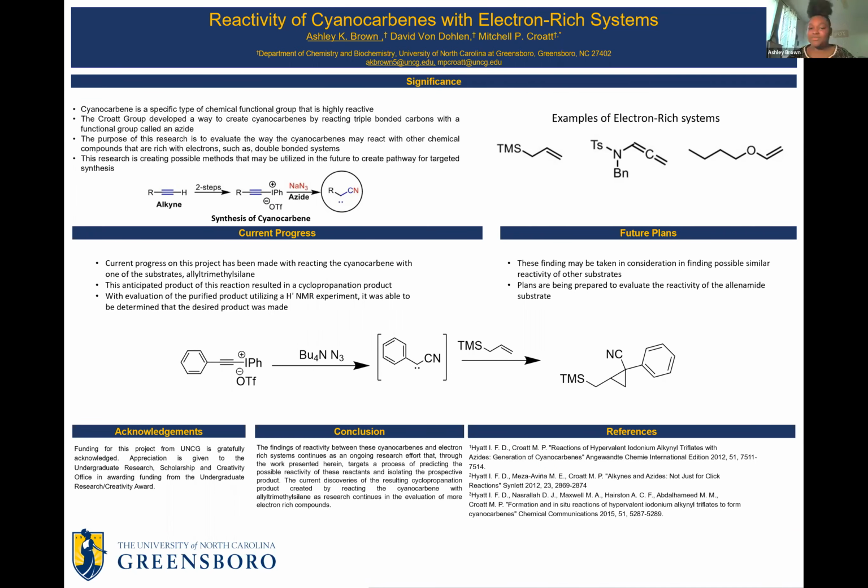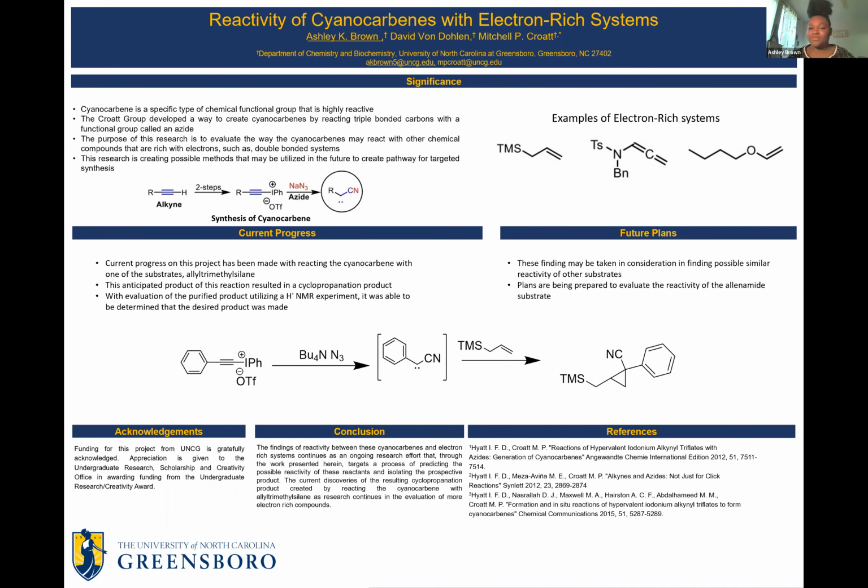With the findings of this reaction, I'm able to go ahead in my future plans and consider these findings of the cyclopropanation product for the possible activity of other substrates that I will be able to evaluate in the future.